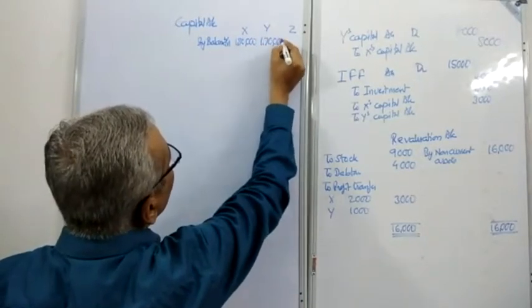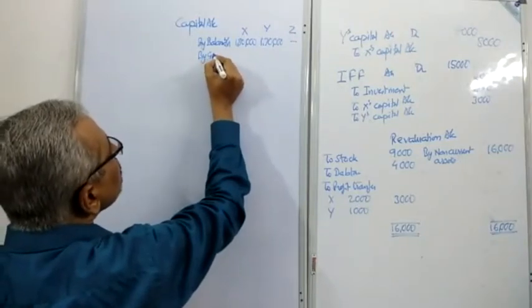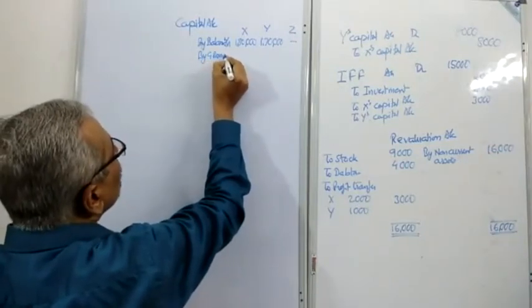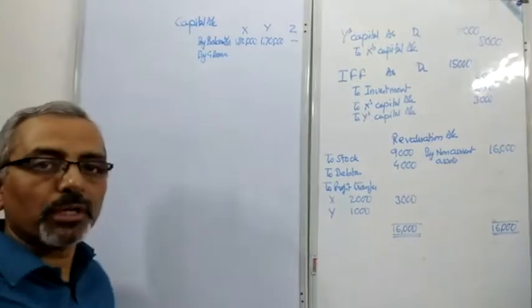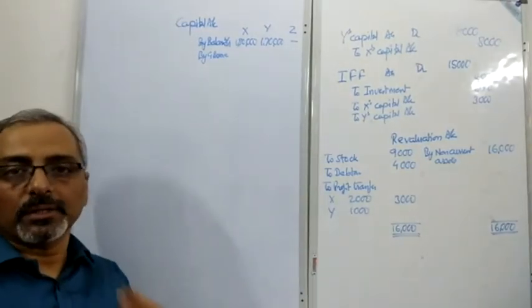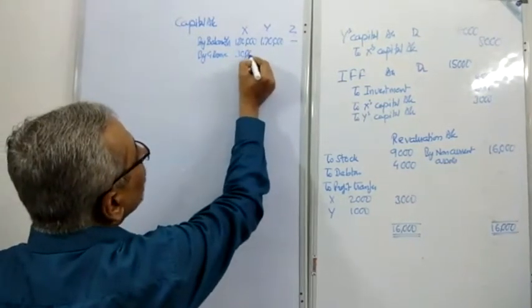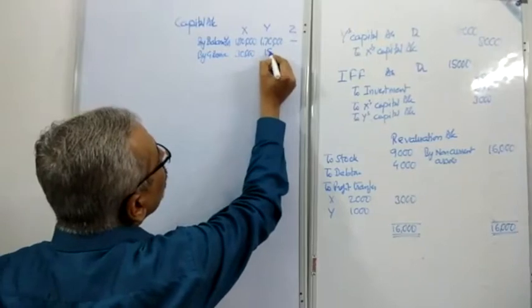This was the capital balance. The second piece of information is general reserve. And what was the value of general reserve? 45,000. And what was the PSR? 2:1. Therefore, 30,000 and 15,000 respectively. 30,000 to X and 15,000 to Y.